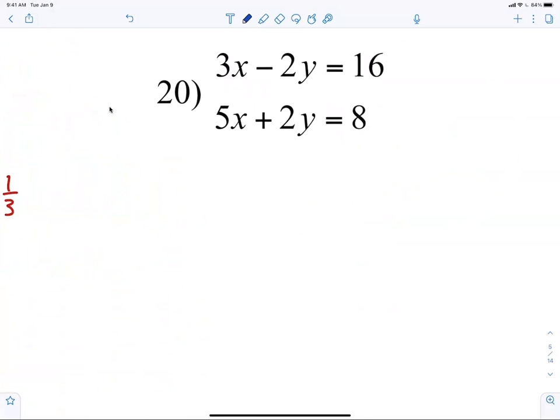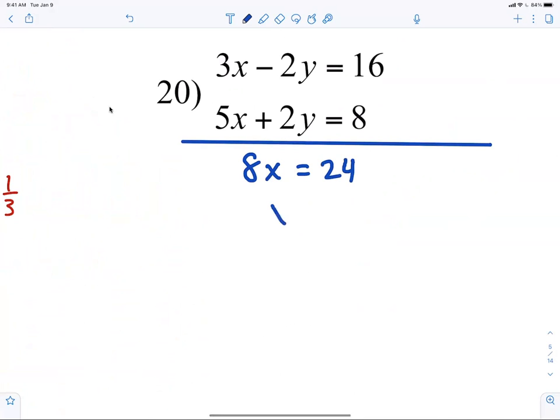Yep, just gonna add these together. So 8x equals 24. So x equals 3.